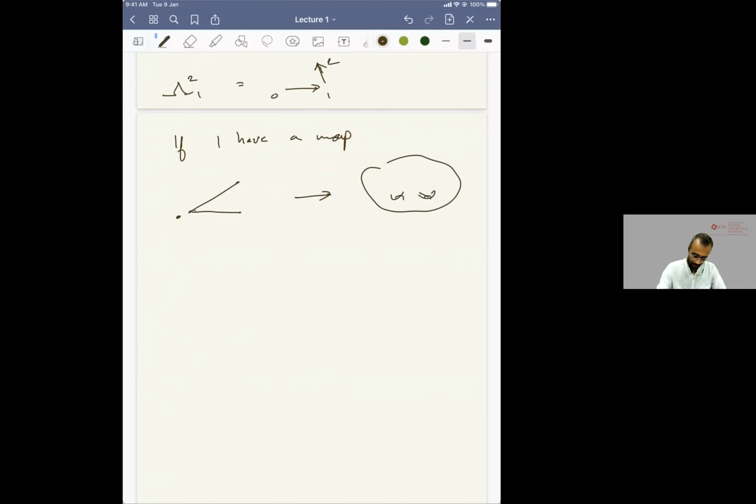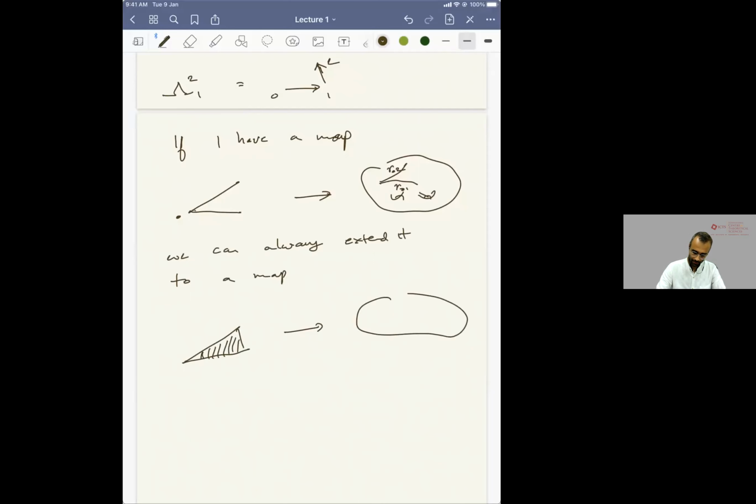That means I've given a pair of paths, gamma 0, 1 and gamma 0, 2. But I can always fill it out. We can always extend it to a map from the full geometric simplex to my space.